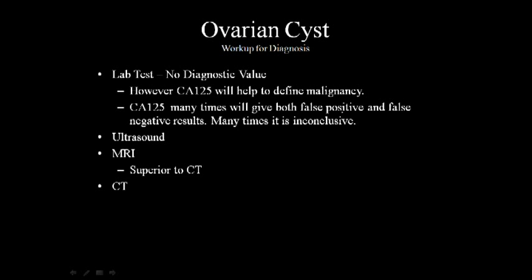There are lab tests that can be ordered, but there are really no diagnostic values for any of them. Many times, though, patients get the CA-125 test, which helps to define malignancy. However, I truly dislike the CA-125 test, and most people do, because many times it gives both false positive and false negative results, and many times it is inconclusive.